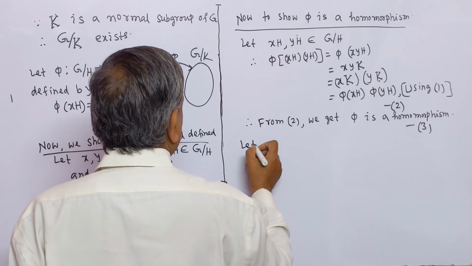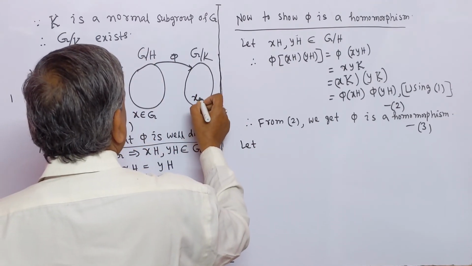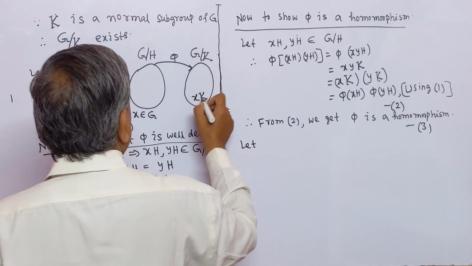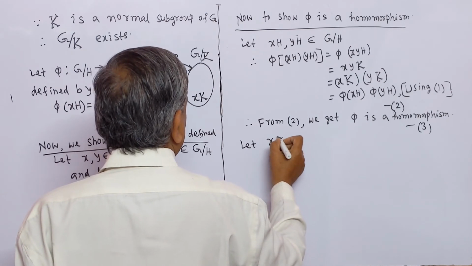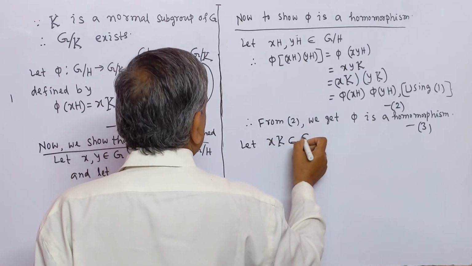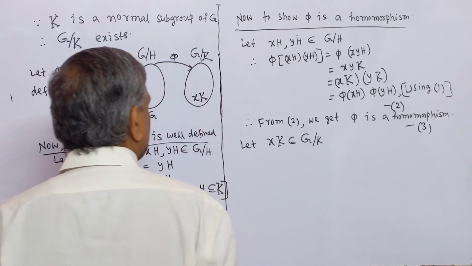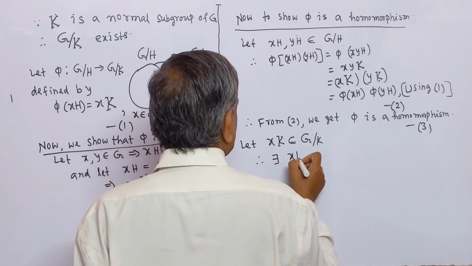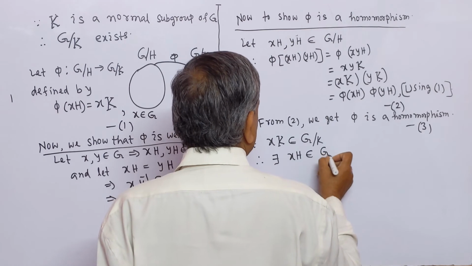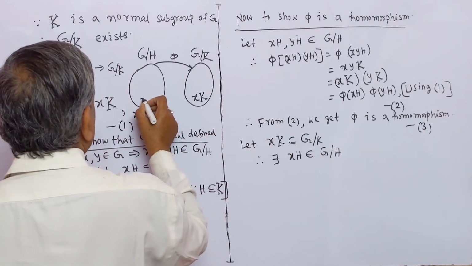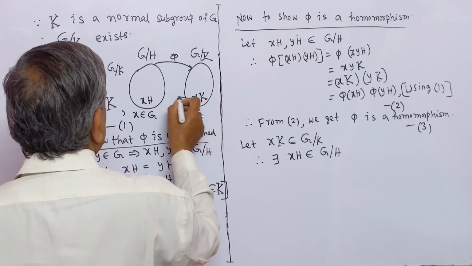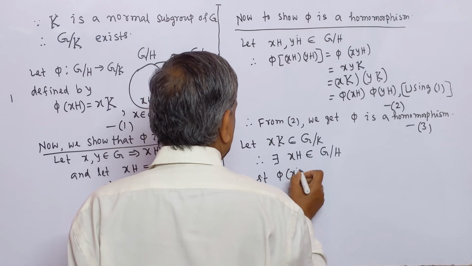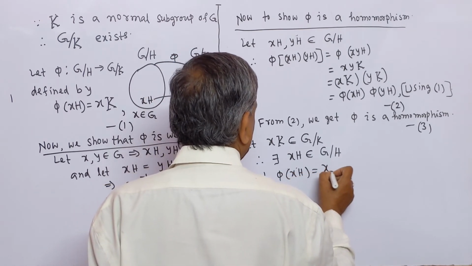This is number 3. Let xK belongs to G by K. Therefore, there exists xH belongs to G by H such that phi xH equal to xK.